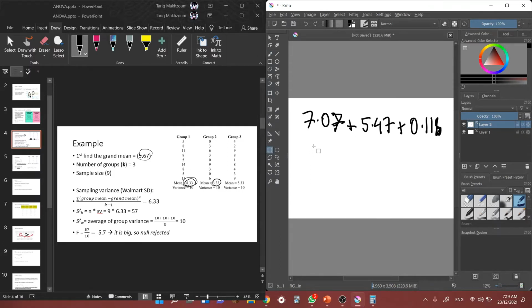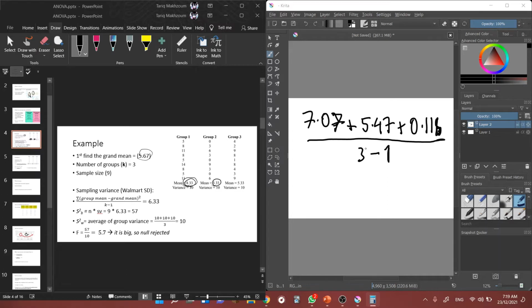Alright, so now that we have the squared difference between each of the group means and the grand mean, we're going to add those up. Okay, so that's what we've done here. And then once we add them up, we're going to divide the result by k minus 1. So that's the number of groups minus 1.